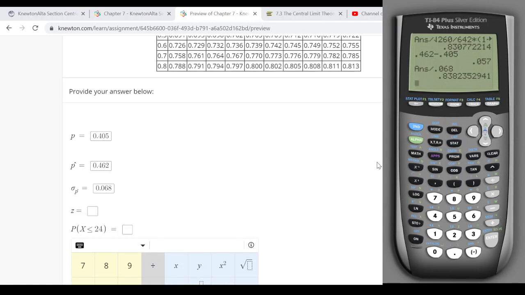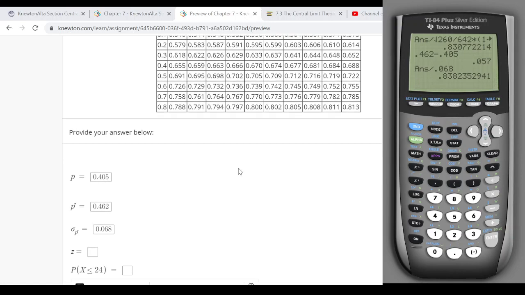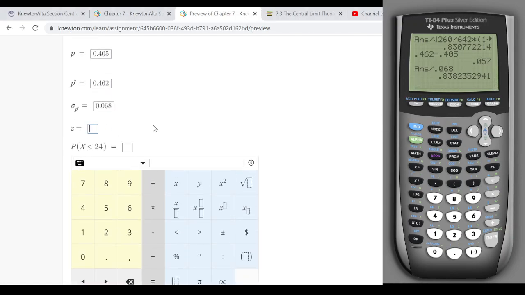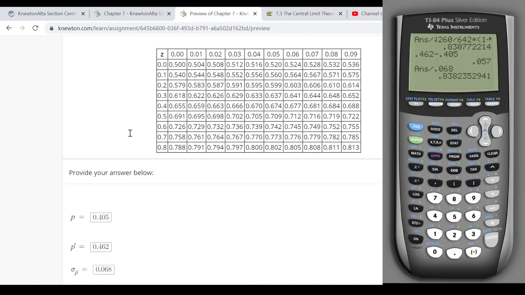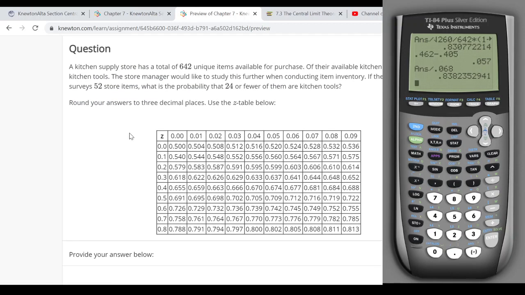And if I look back here, a z-score of 0.84 has 0.800 to the left of it. So I'll use these numbers here. 0.84 instead for the z-score. Oh no, it said round to 3 decimal places. Round your answers to 3 decimal places. But the z-score should be to 2.